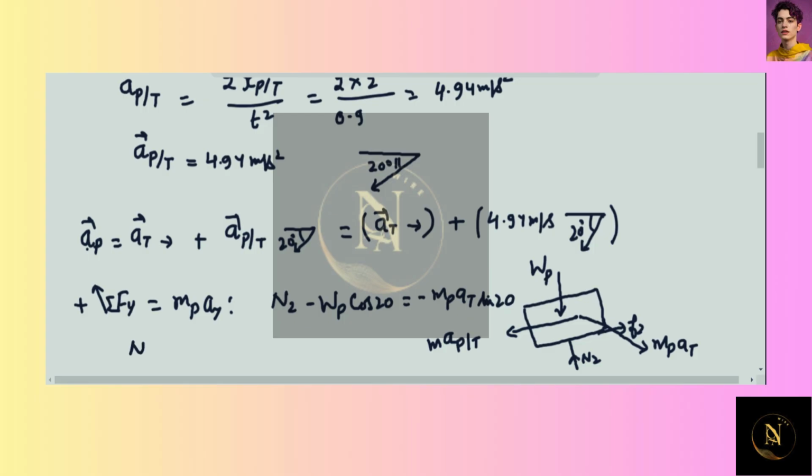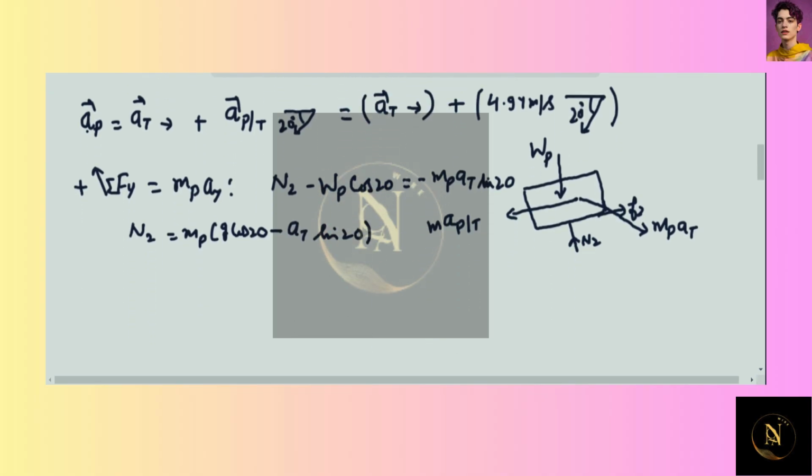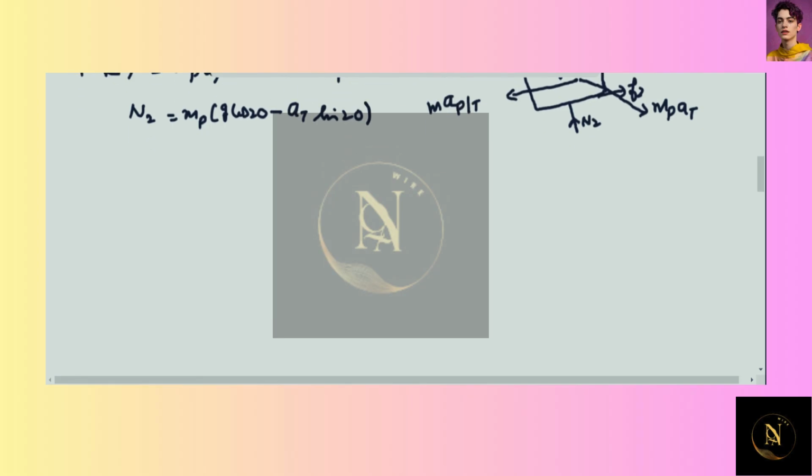So the value of N2 you will get is mass of ply into g cos 20 minus acceleration of truck sine 20. Calculating summation of force along this direction, positive considering x, it will be mass into acceleration.